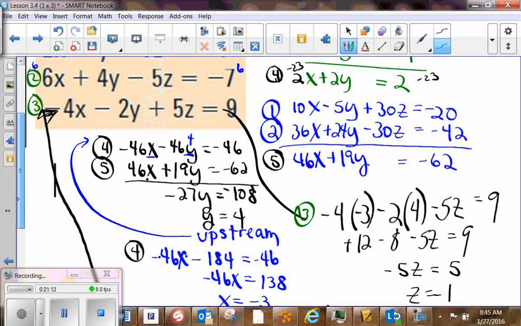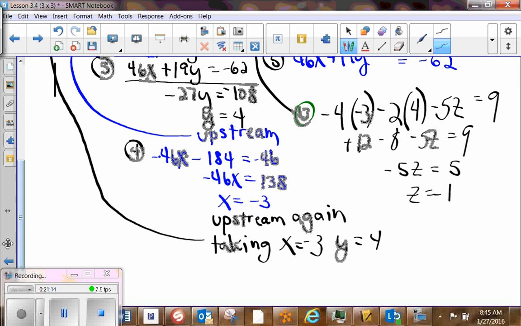Oh, okay. Did I mess up somewhere? Where did I mess up? 12 minus 8. 12 minus 8 is a positive 5, right? But when I take it over here, it's going to be -5. Oh, it's positive 5.